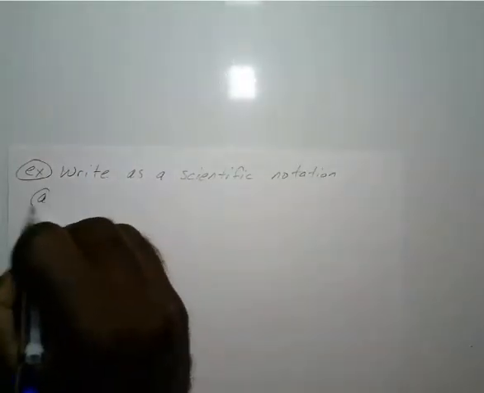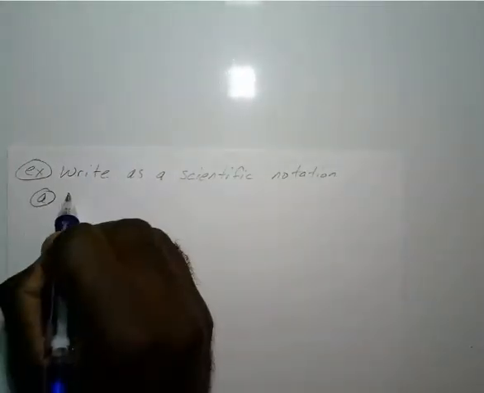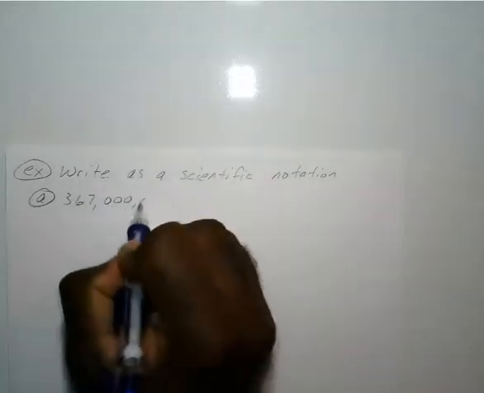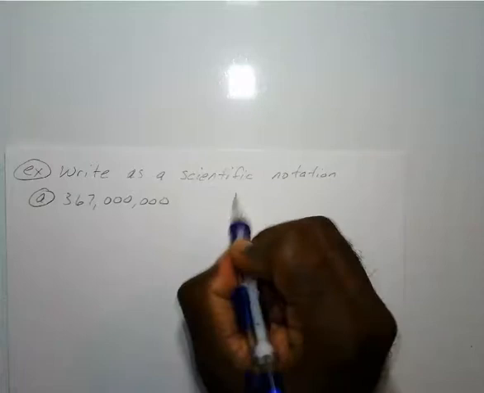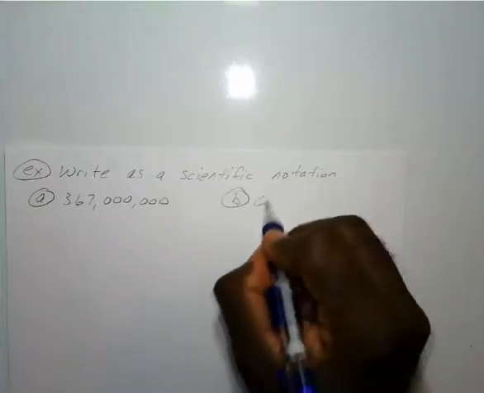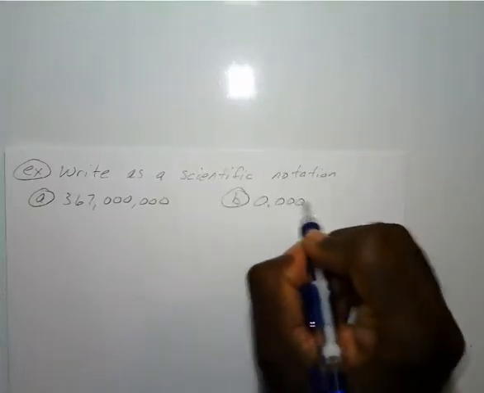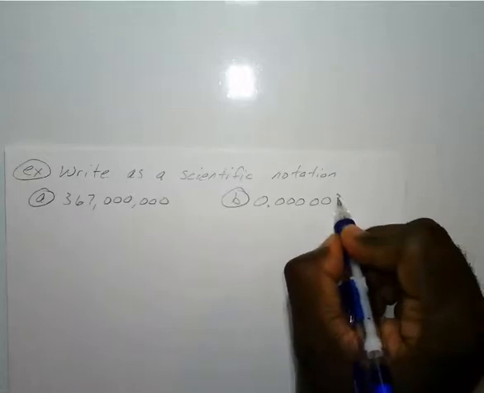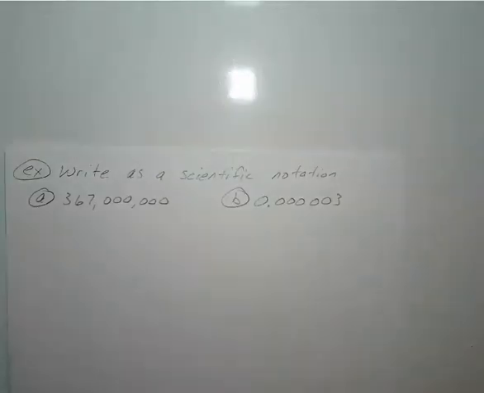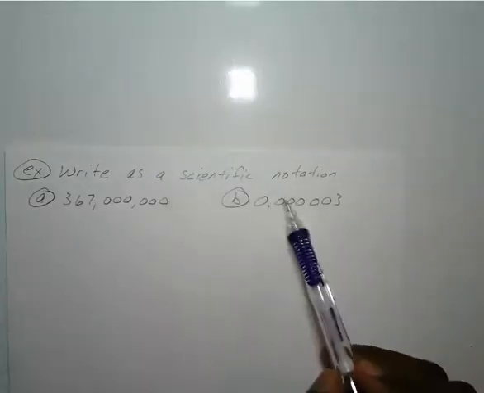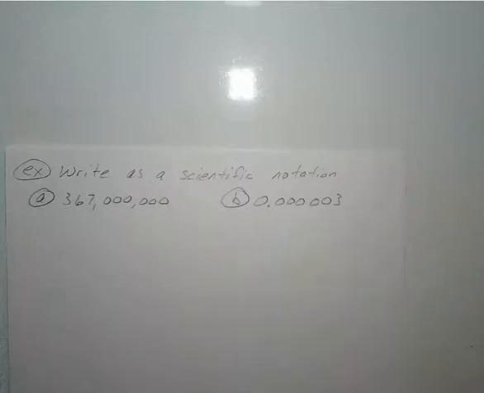Say for problem A, we have 367 million, and for problem B, we have 0.000003. That is 1, 2, 3, 4, 5 zeros.